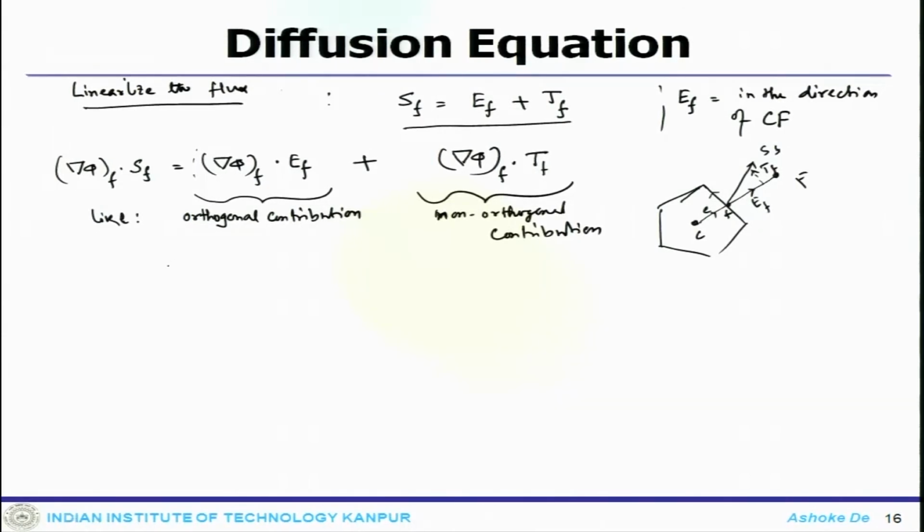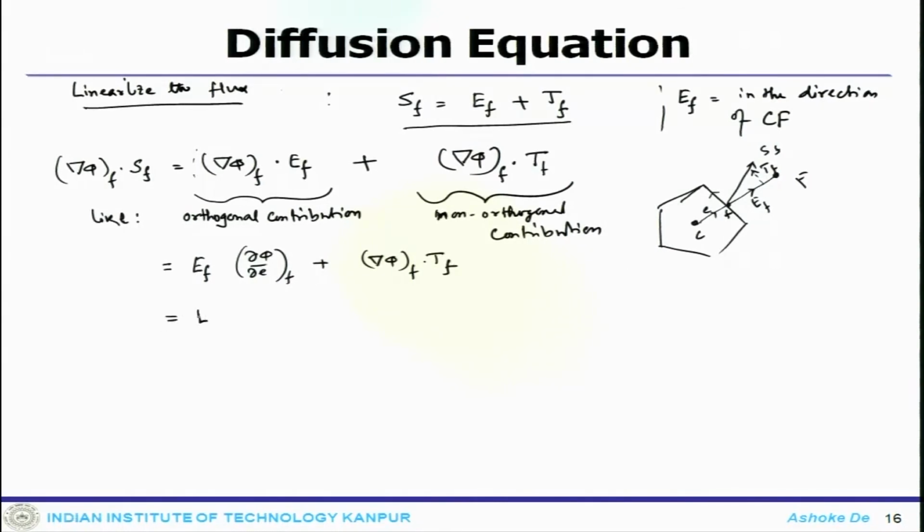One can expand this term in slightly more detail. EF times del phi by del E F plus del phi F dot TF.